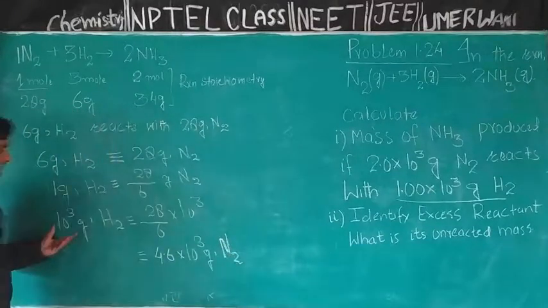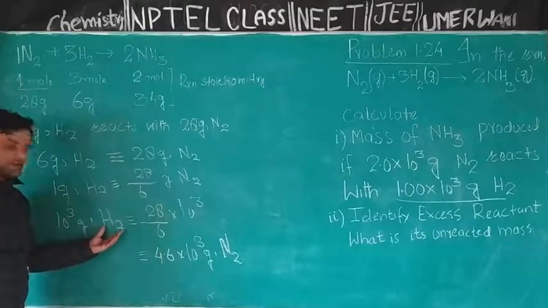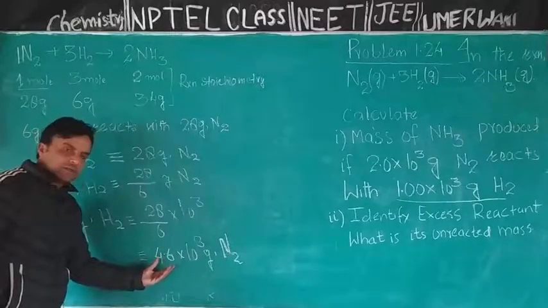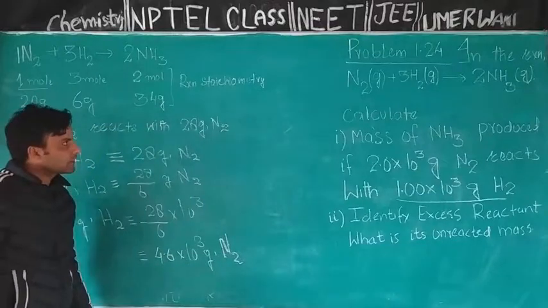If we start this reaction taking 10 raised to power 3 grams of hydrogen, we have to make sure that mass of dinitrogen we take equal to 4.6 into 10 raised to power 3 grams.